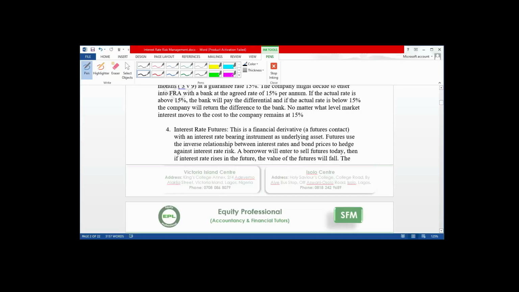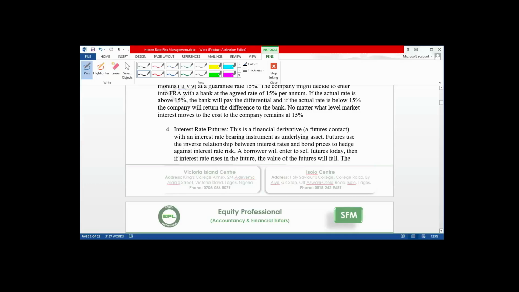This is a financial derivative product, a futures contract with interest rate bearing instruments as an underlying asset. The underlying asset is your interest rate bearing instruments.